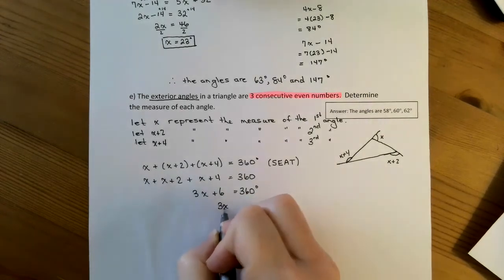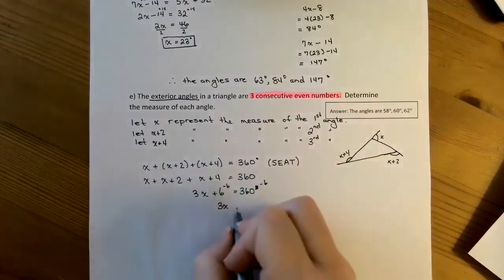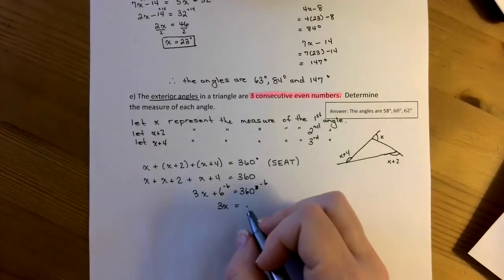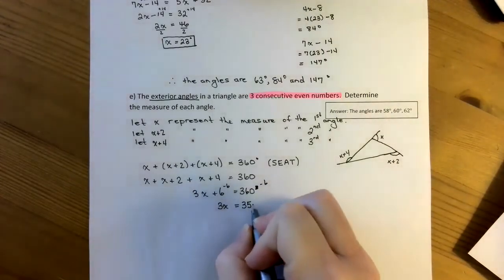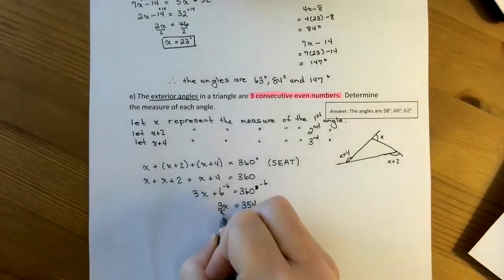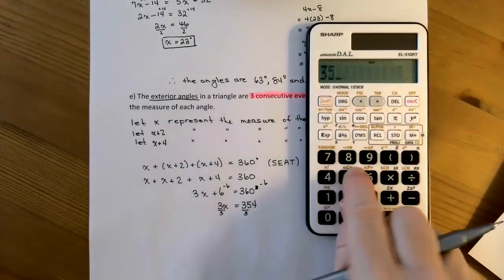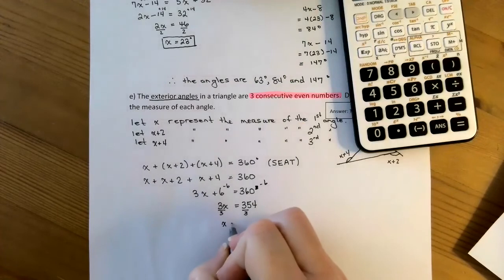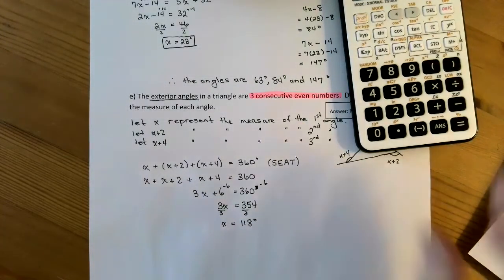So 3x, we're going to subtract 6 from both sides, is equal to 354. Then I'm going to divide both sides by 3. 354 divided by 3 is 118, so x is equal to 118 degrees.